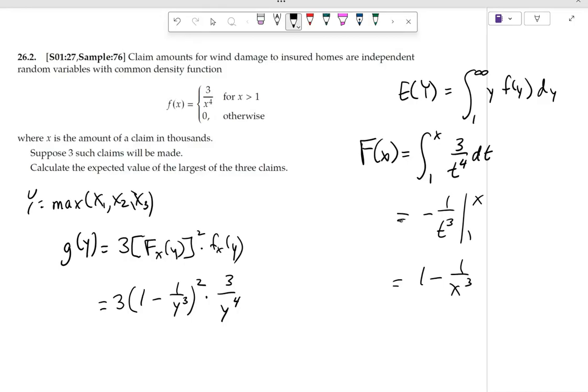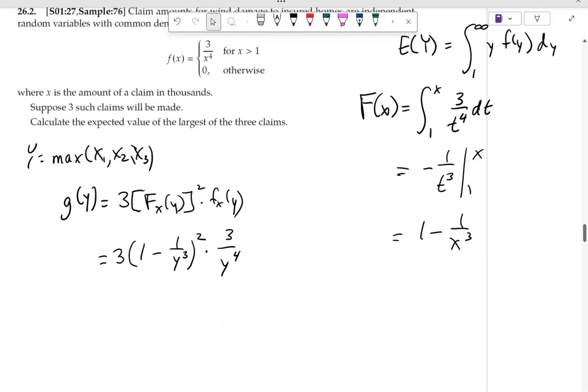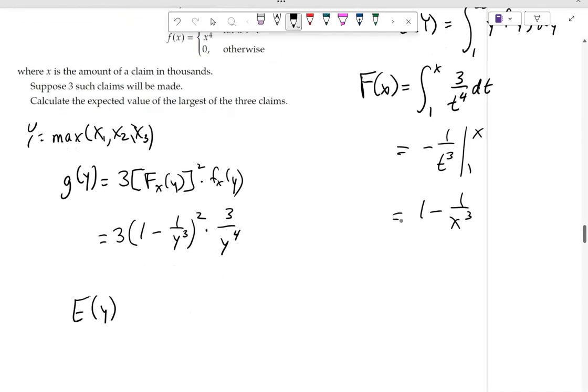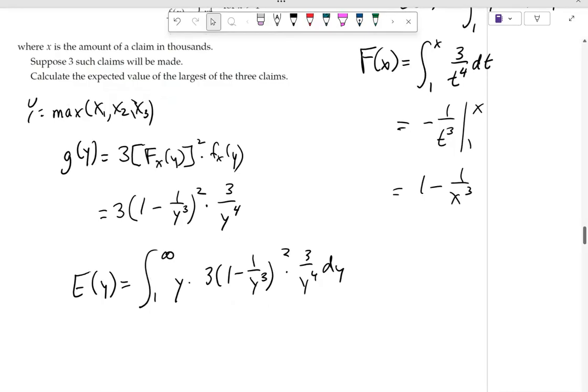All right, so then if we want expected value, we know what the formula is for expected value. Oops, forgot my y. Y times the PDF. I'm going to need to multiply all that out before we can do an antiderivative, right? Given 9 over y cubed.